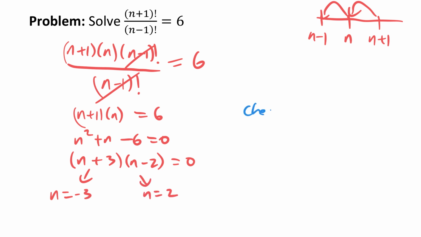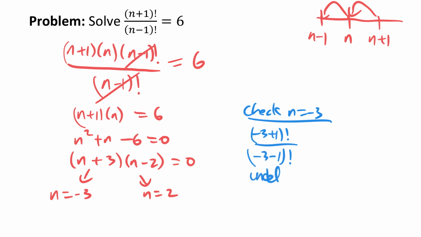We have to check. So let's check n equals negative 3. It's going to give us negative 3 plus 1 factorial on the top over negative 3 minus 1 factorial on the bottom. Right away, we notice that we're going to get a negative 4 factorial on the bottom and a negative 2 factorial on the top. This is undefined. This is all sorts of problems, so this gets rejected.